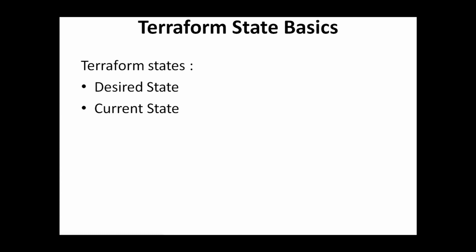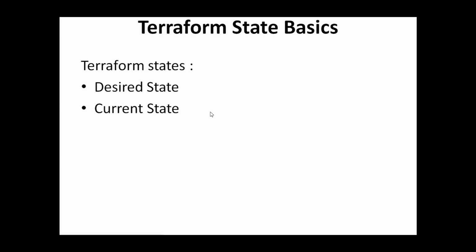The desired state is nothing but your Terraform configuration file. In the .tf configuration file, you are stating what is your desire, meaning what configuration you want. So that is the desired state. And the current state is nothing but whatever resource you have created in your cloud environment. So that is the current state.